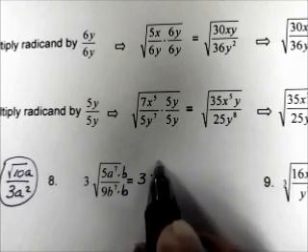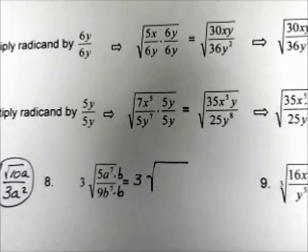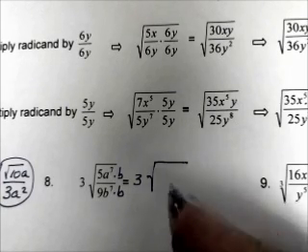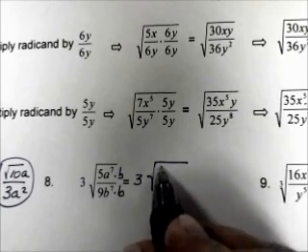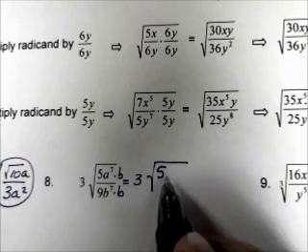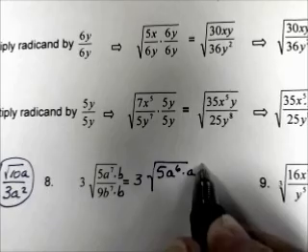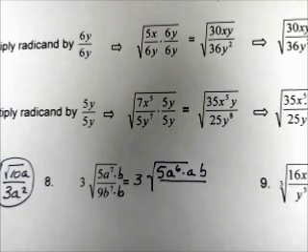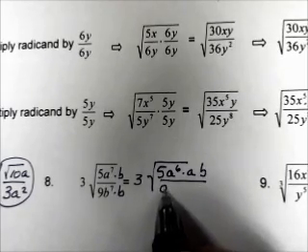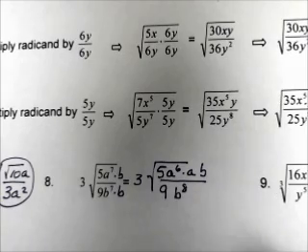That's a 3 times this radical. It's not a cube root. And when I multiply here, I'm going to break this up. This is going to be 5 a to the 6th times a times b over 9b to the 8th.